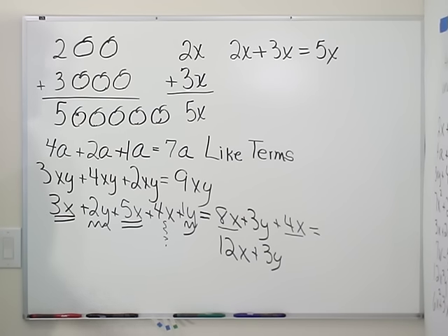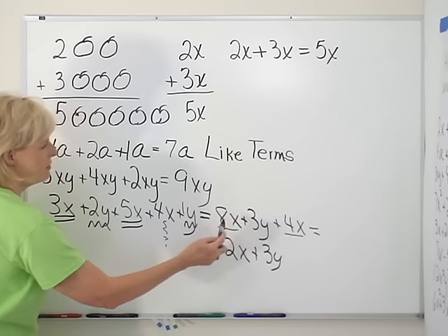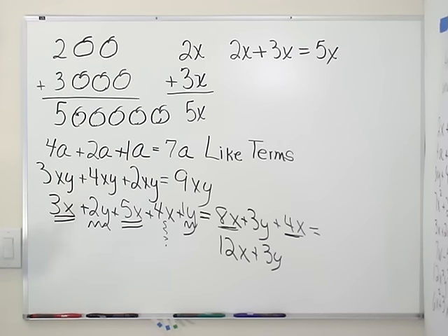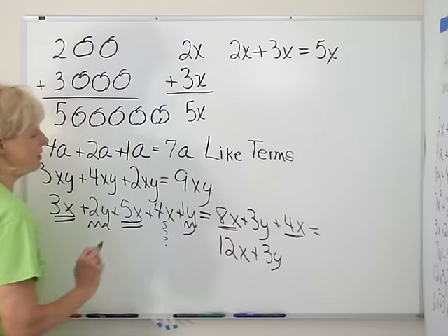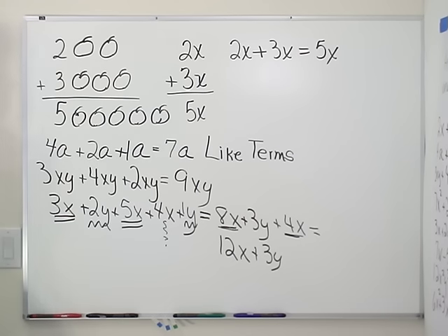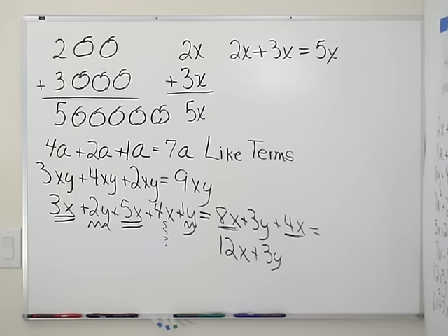And I certainly could have. But what I just want you to know is that whatever your answer is, you always take another look at it and see if there's anything else you can do to make your answer more simple. If there's anything else that you can add together, you want to do that. It doesn't really matter which one of these two comes first. I put x simply because it was first in the alphabet, but it's not a real crucial matter. So our answer is 12x plus 3y.